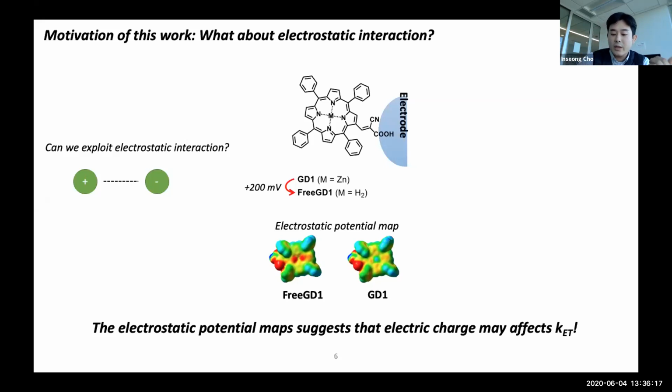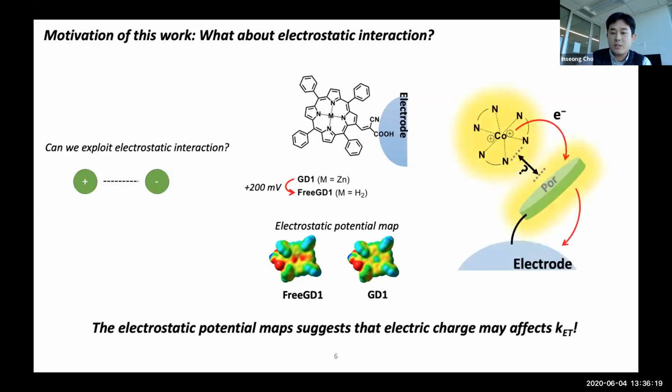So we set a hypothesis that this difference in electron density may cause an electronic coupling difference between the donor and acceptor molecules, so that it might affect the electron transfer rate.